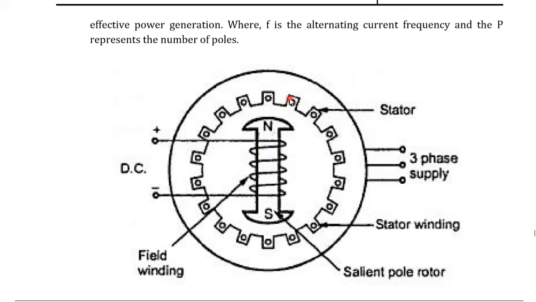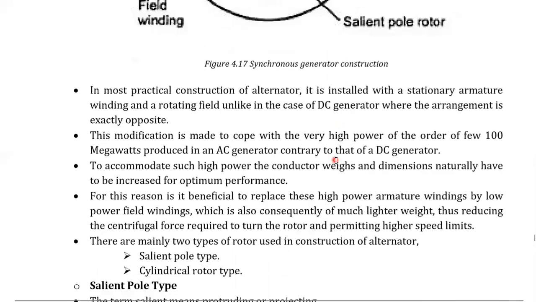For example, if the three-phase armature winding is placed on the rotor and the field winding is placed on the stator, the armature is rotating, so collecting the three-phase supply from the rotor using slip rings or brushes is very difficult. That's why the field winding is placed on the rotor and the armature winding is placed on the stator.